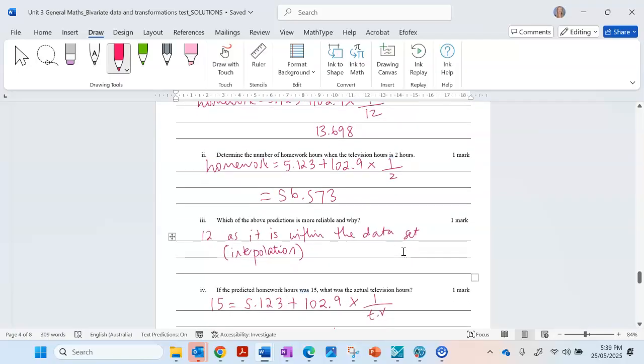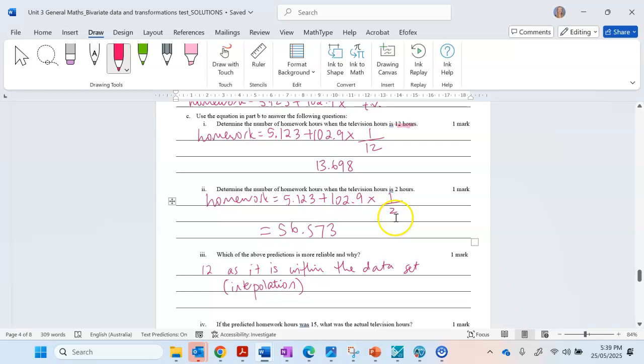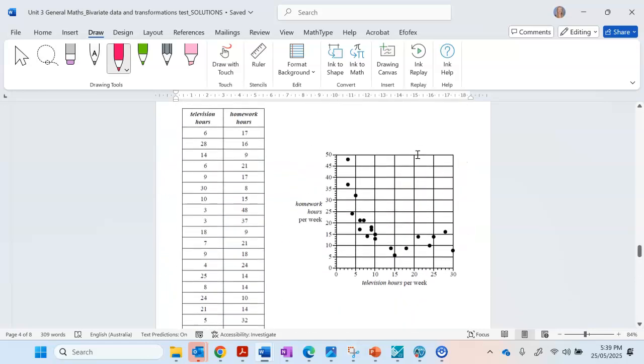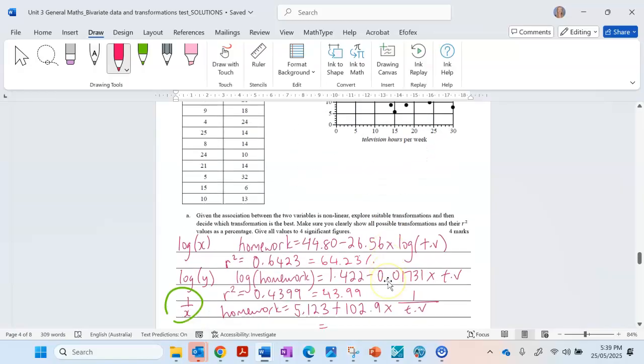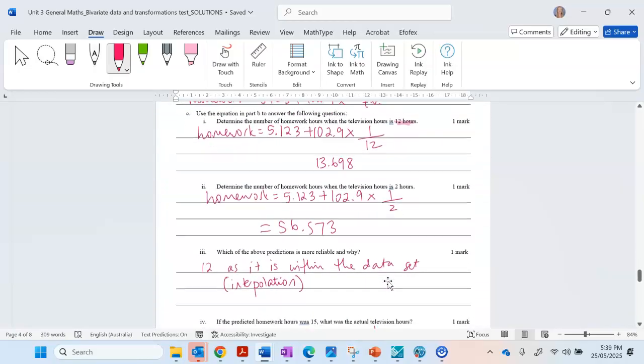And then which one's more reliable? So we want the one inside the data set. So if we look at 12 and 2, 12 is within the data set, 2 is outside the data set. Our lowest value is 3, so 2 is just outside the data set, but I wanted to choose a value that was outside the data set.